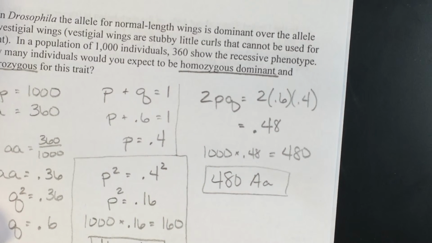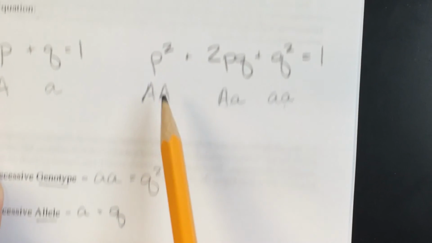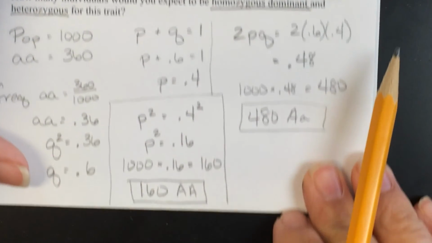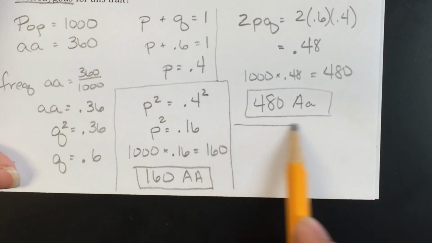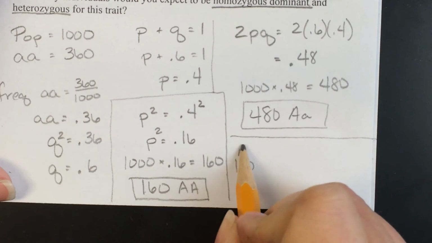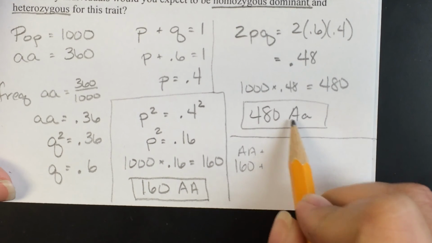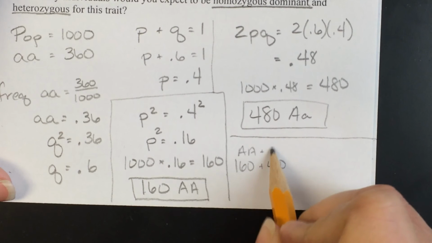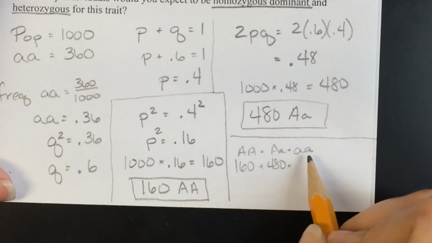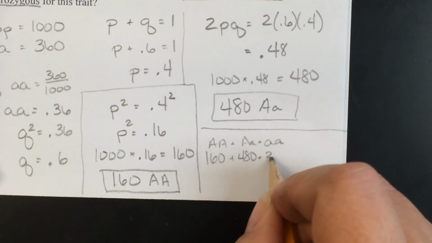Now, just to do a little fact check and make sure you've done it correctly, it's really helpful to add up your p squared, 2pq, and q squared values to ensure that they equal 1. So in this particular case, just to check, we're going to take our 160, that is our big A, plus our heterozygous, which is 480, plus our homozygous recessive, and that was given to us in the problem, and that's 360.